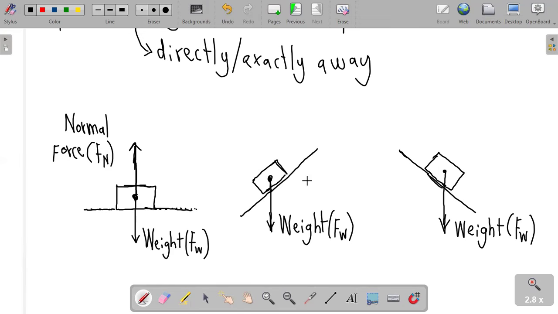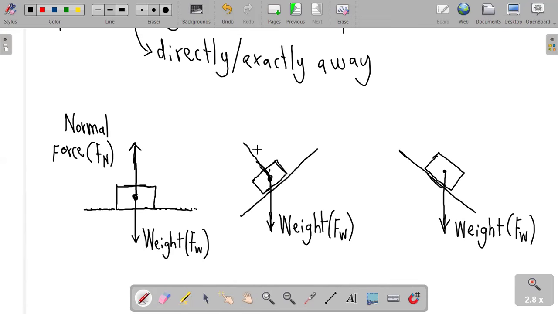And then in this case, the normal force will go in this direction. It will go up away from the surface like that.